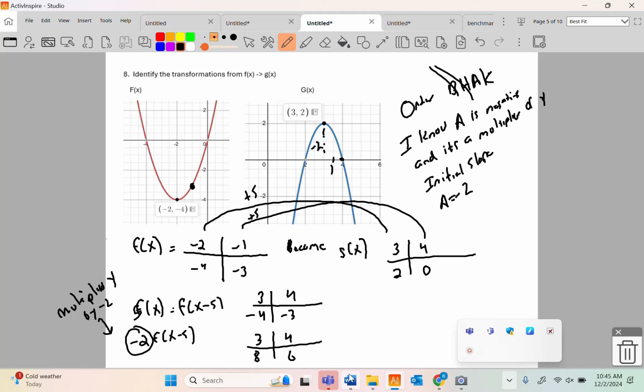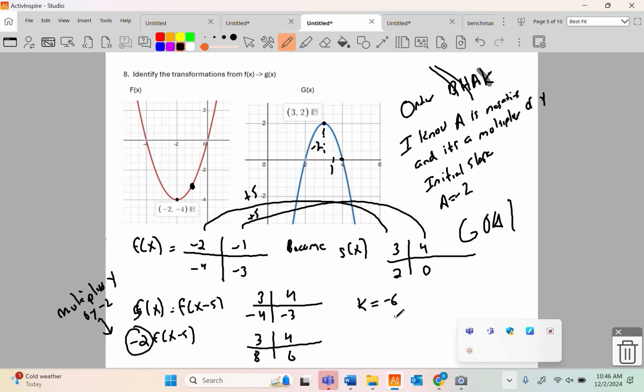Now, look at our goal. This is our goal. I need this 8 to become a 2, and I need this 6 to become a 0. So now I'm talking about k. And in order for this to happen, k has to be -6, because I need to take away 6 from my y values.